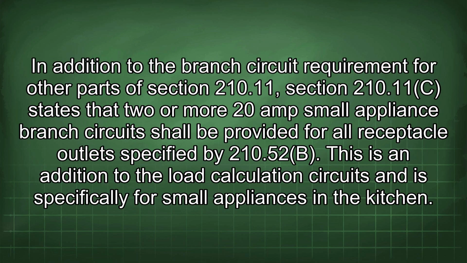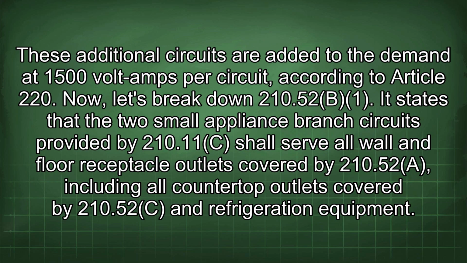In addition to the branch circuit requirement for other parts of Section 210.11, Section 210.11(C) states that 2 or more 20 amp small appliance branch circuits shall be provided for all receptacle outlets specified by 210.52(B). This is in addition to the load calculation circuits and is specifically for small appliances in the kitchen. These additional circuits are added to the demand at 1500 volt-amps per circuit, according to Article 220.